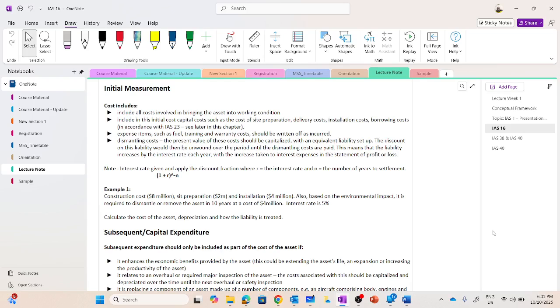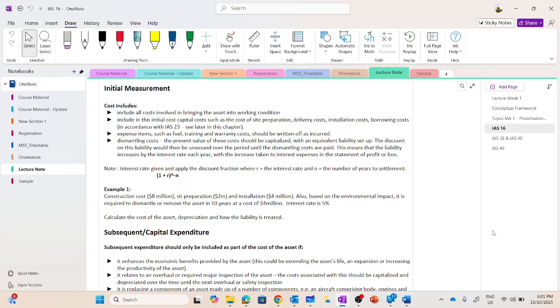The concept of dismantle cost says that we need to discount this future cost, which we are going to incur in 10 years' time, to its present value as of today. What will be the equivalent value of this $4 million as of today? So this is the concept of dismantle cost.